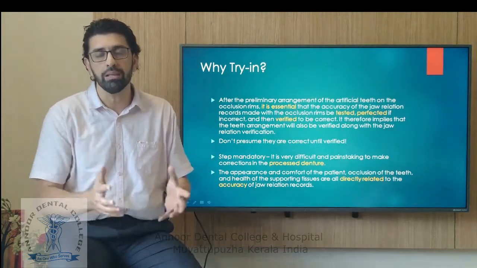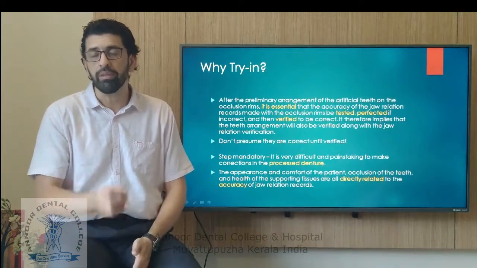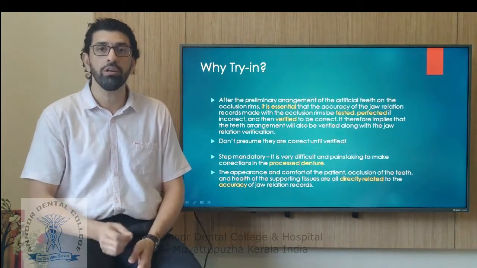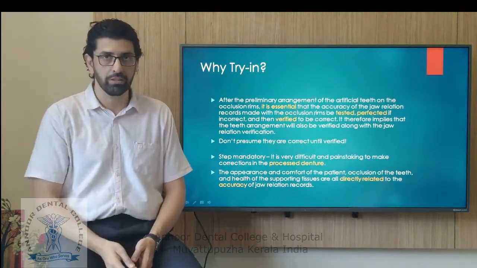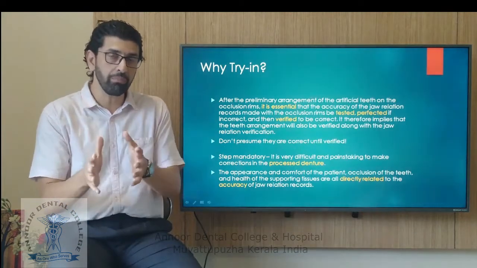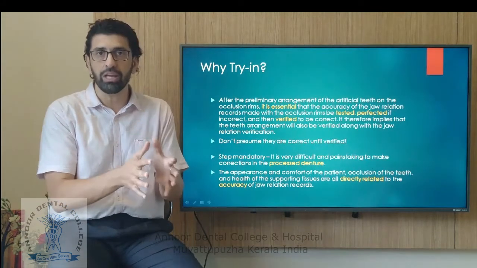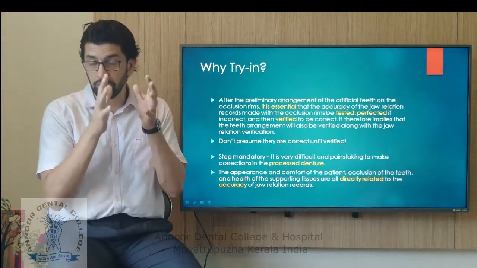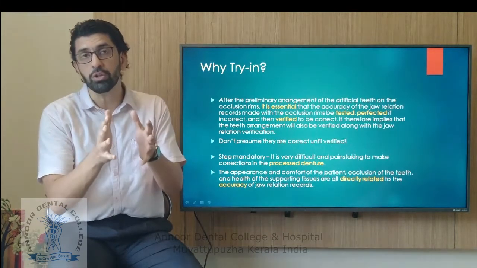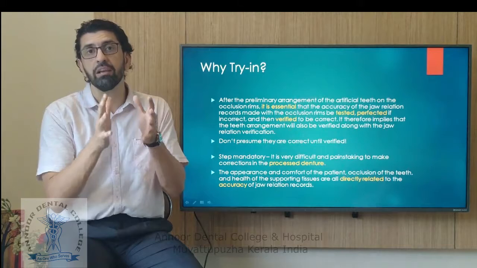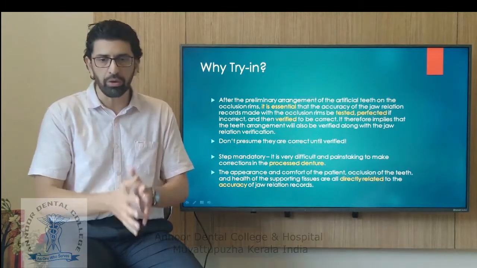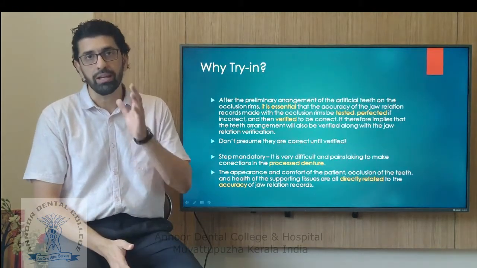There are so many areas of error that can creep in that can actually distort your actual jaw relations. And therefore, this is the time that you can actually check it in your trial dentures. You can place it into the mouth and check if it is correct. So it needs to be accurate on the trial dentures.